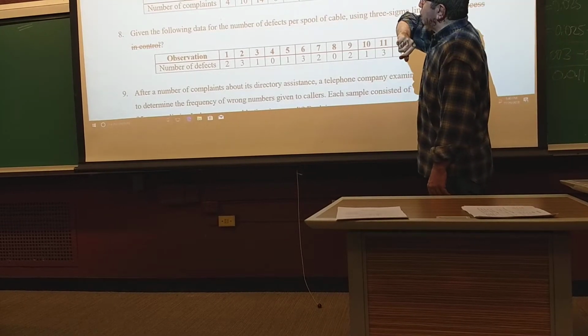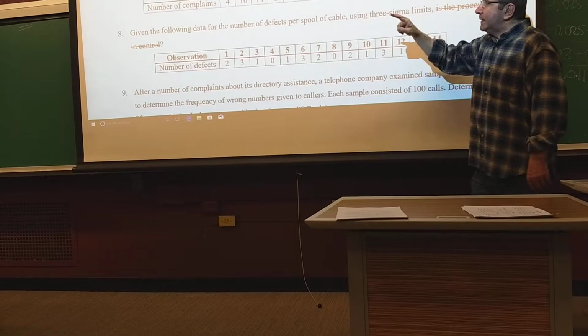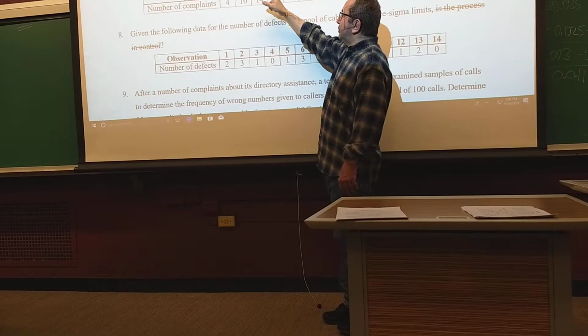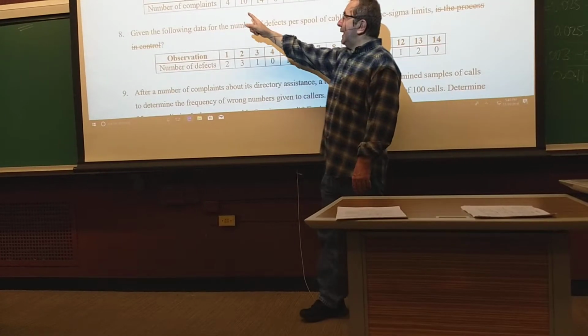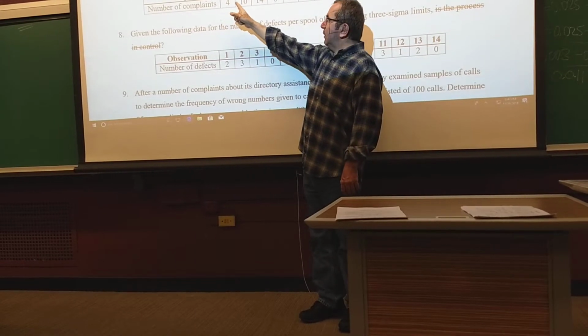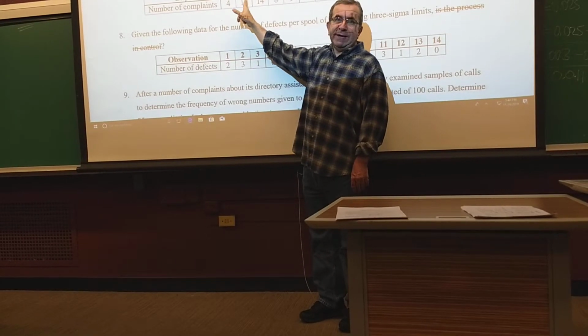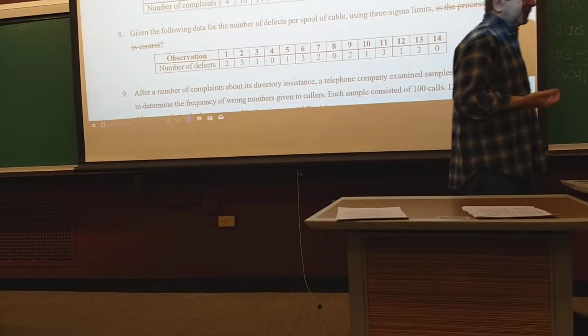So this is day 1, day 2, day 3, day 4, and in each day, day 1 has 4 complaints, day 2 has 10 complaints, day 3 has 14 complaints.